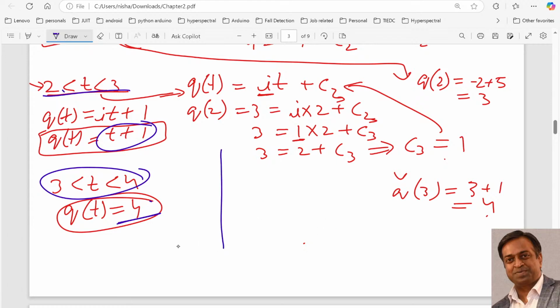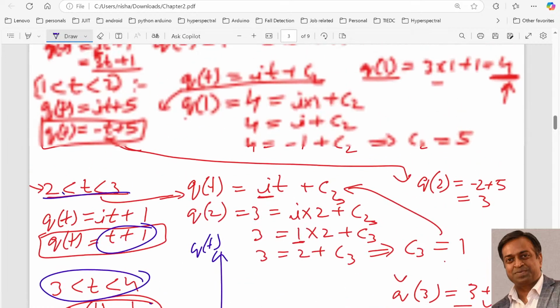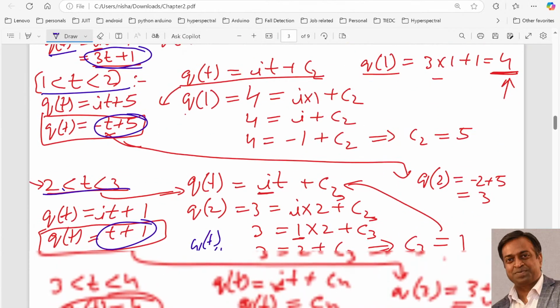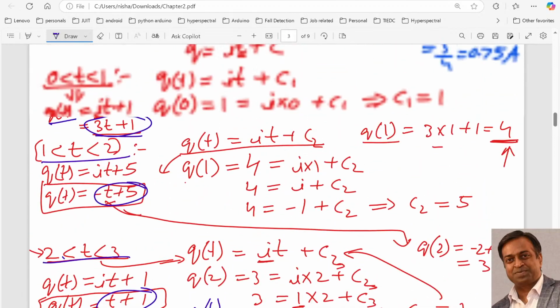1, 2, 3, 4. Now from 0 to 1, I need to look at what is the equation of q(t). The equation is 3t plus 1, which means at t equals 0, if I put t equals 0, I will get 1.